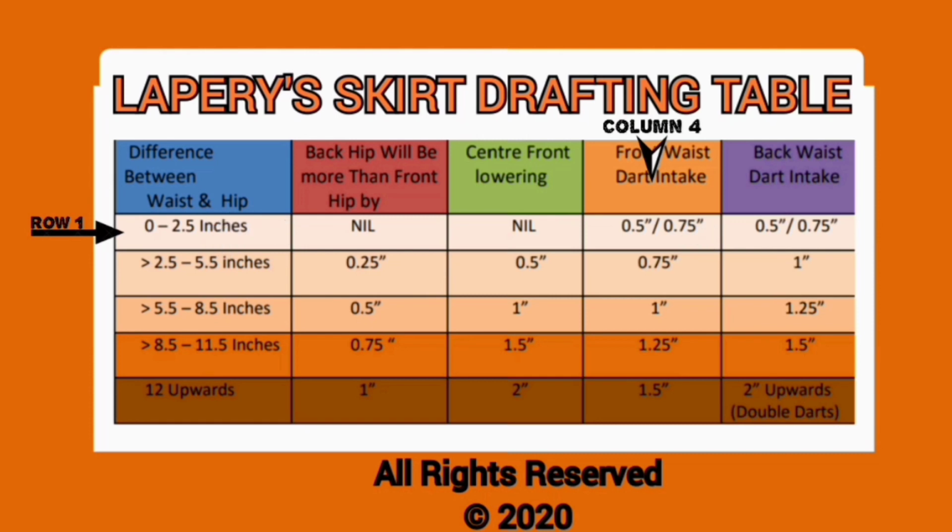because by the time you draft your skirt pattern, the difference between the waist measurement, having taken your dart to the side seam, what you are going to have left to that side seam will be so small, not so much of a difference. You can't have up to 1 inch. This supports the premise that sometimes our dart intake is not up to 1, and in this first line, that is proven.